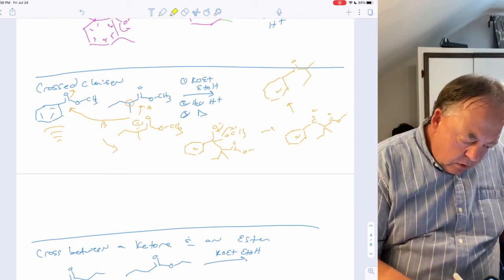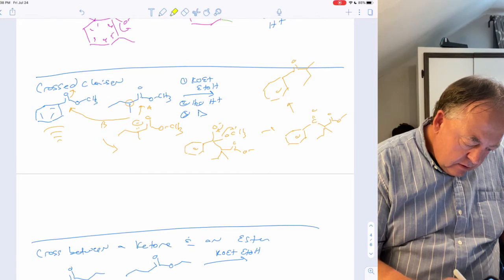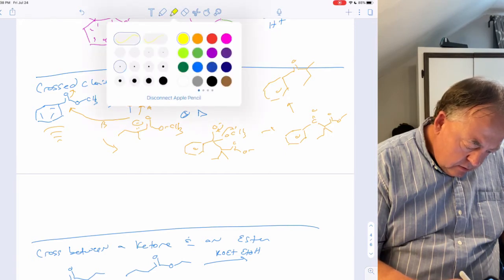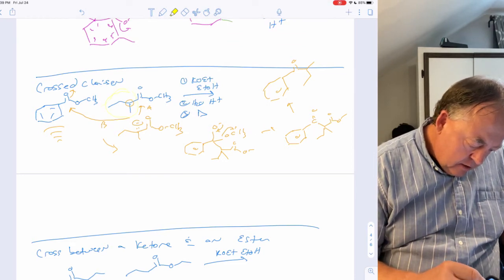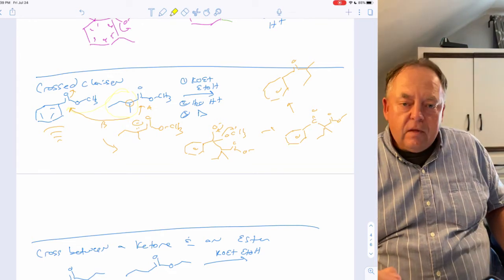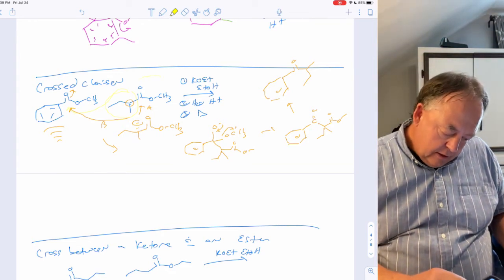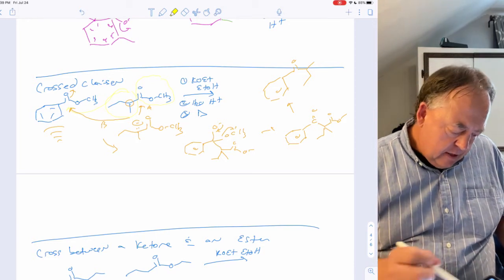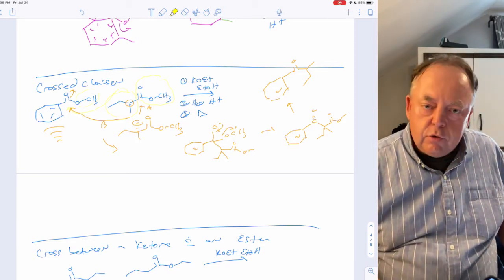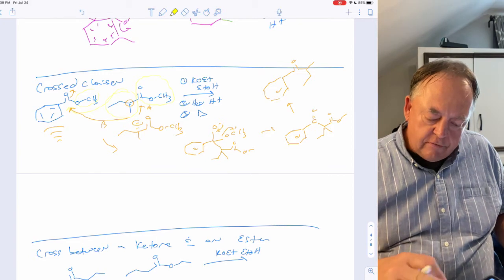All right, so basically what we did is we just took all of that and stuck it on this carbon, right? Because all of this ends up going away through hydrolysis and decarboxylation. And then of course we got rid of the OCH3 as well in the course of this mechanism.